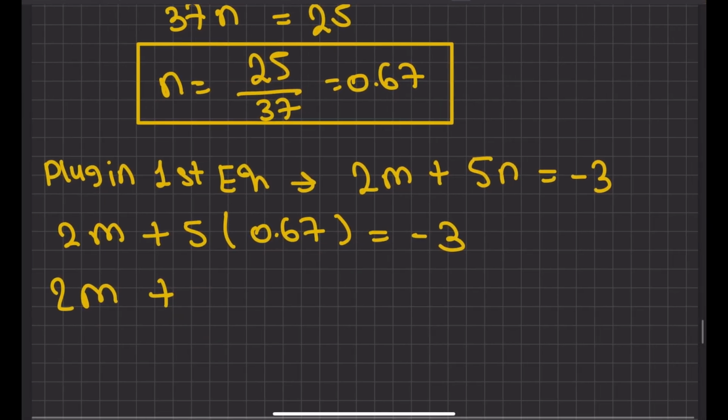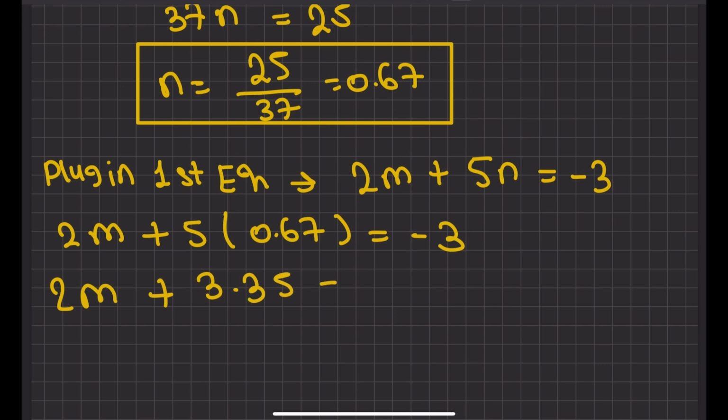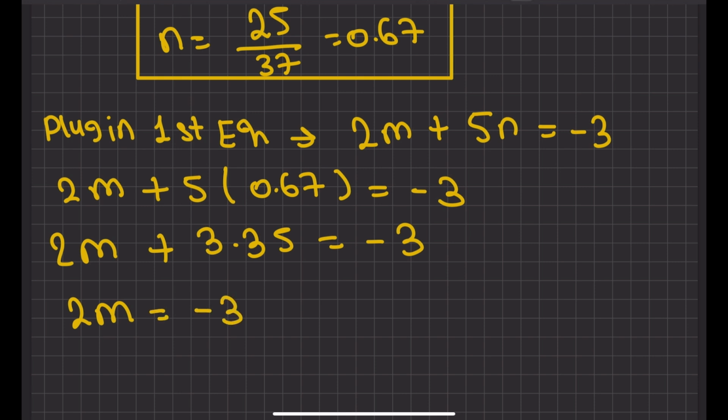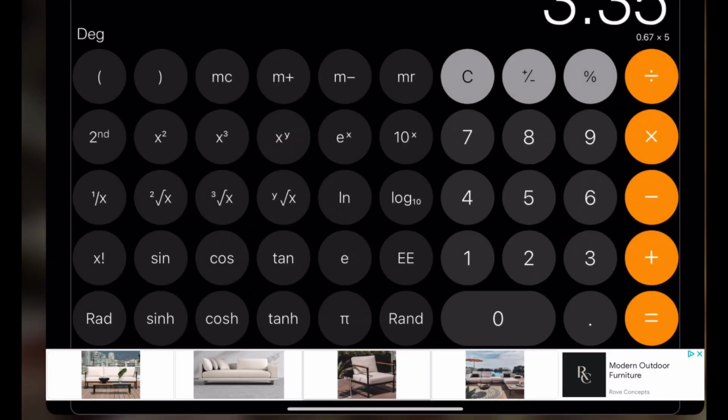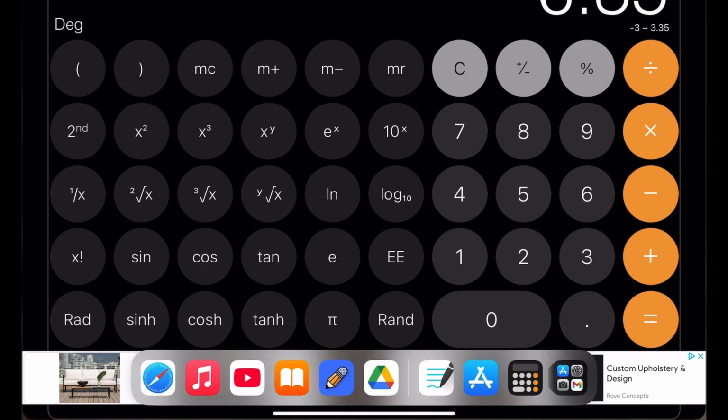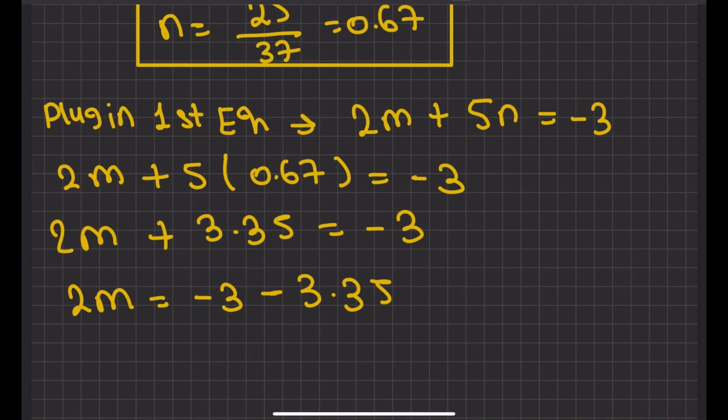0.67 times 5 is 3.35, so 2m plus 3.35 equals negative 3. 2m is going to be equal to negative 3, and I'm moving positive 3.35 to the right side, so it becomes minus 3.35. Negative 3 minus 3.35 equals negative 6.35.